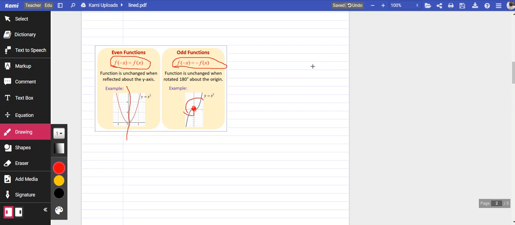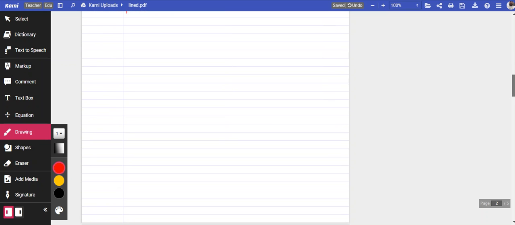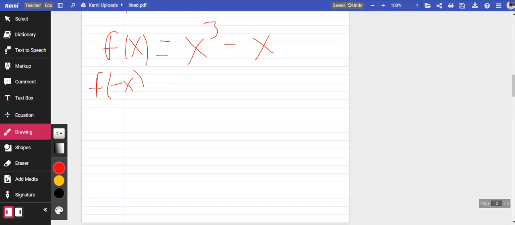Now, how do you do this algebraically? How do you prove if a function is even, odd, or whatever symmetry? If we have a function like f of x equals x cubed minus x, if I replace x with negative x and I get the same thing, then it's an even function. But let's see what happens.